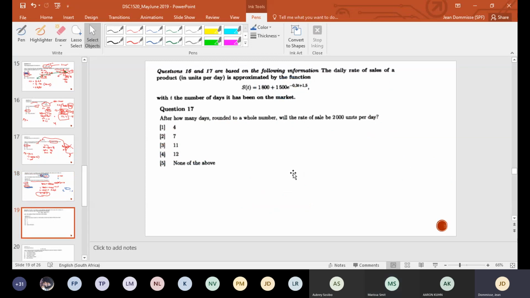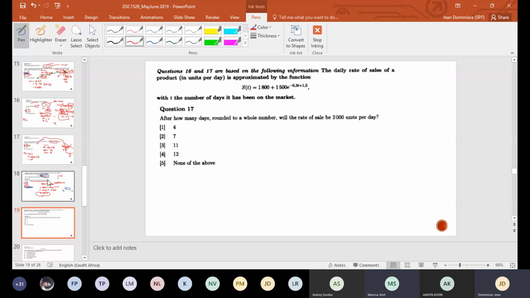Okay, let's look at question 17. If you look at it, I would use a calculator here, because we still have that formula.